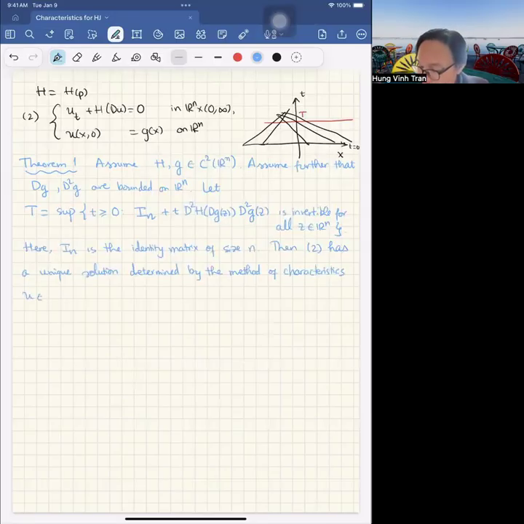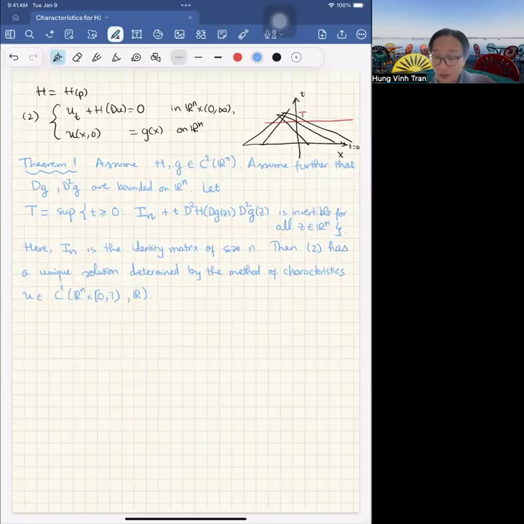You define u in C1 on Rn cross [0, capital T), mapping to R. Including 0 is fine, excluding capital T. Okay, so this is the statement of our theorem.